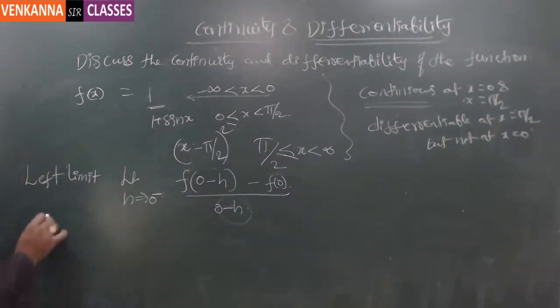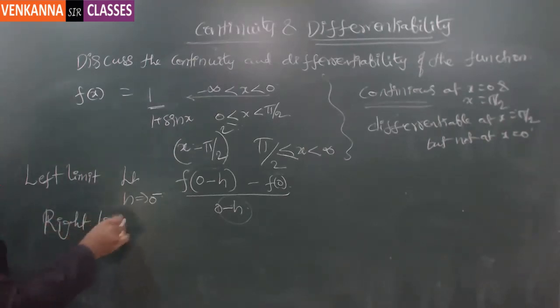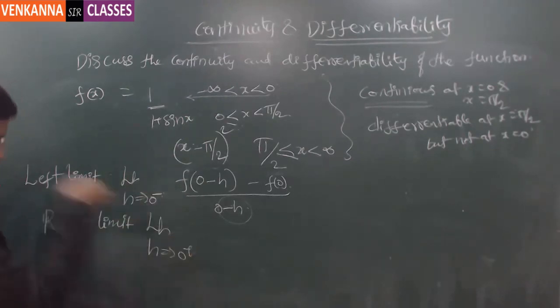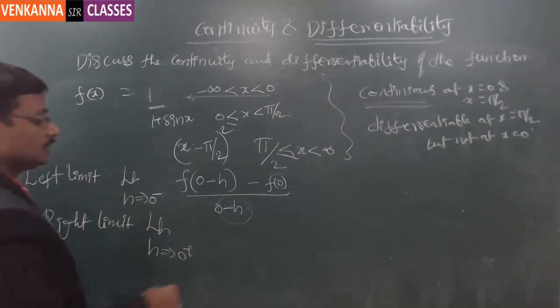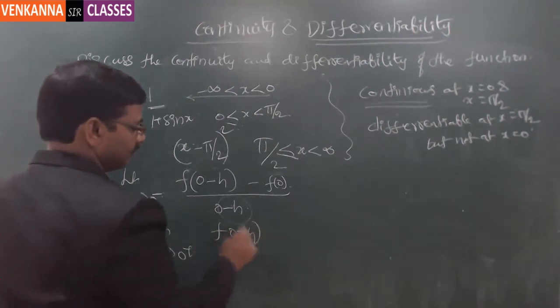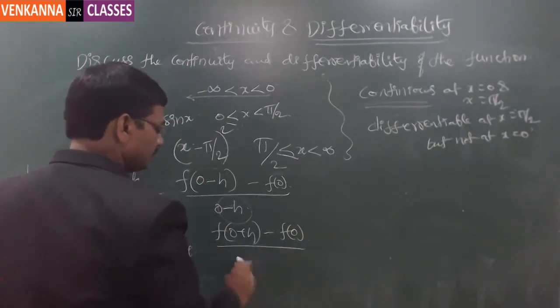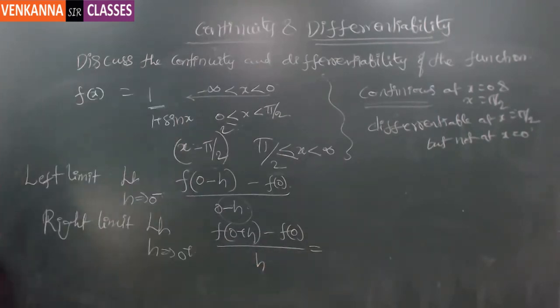And the right limit will be limit h tends to 0 plus, f of 0 plus h minus f of 0 divided by h. Now what is this value?